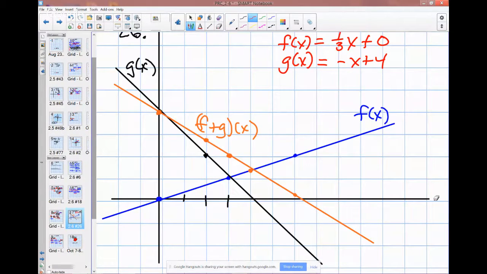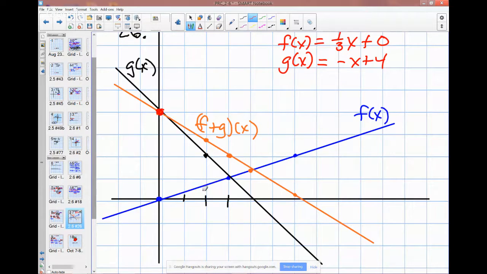My answer, by the way, I made a mistake: g is the black line, and this crazy orange is my sum, so I apologize. Up here was the y-intercept, and for every 1 to the right, down 1. You can see that's the black line.